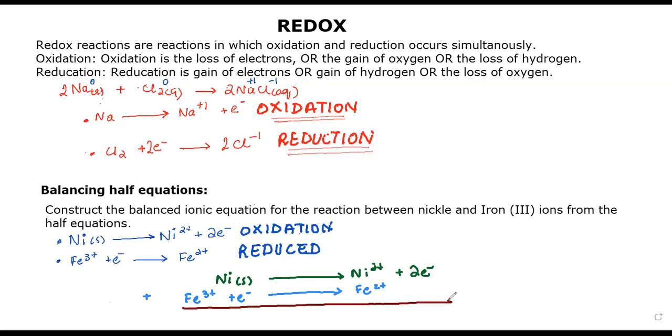But before I can do that, I have to make sure that the number of electrons on the left-hand side are equal to the number of electrons on the right-hand side. In equation number 1, I have 2 electrons. In equation number 2, I have just 1 electron. I need to figure out a way to balance the number of electrons.